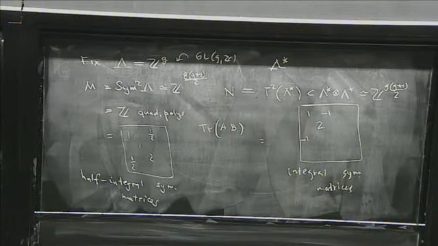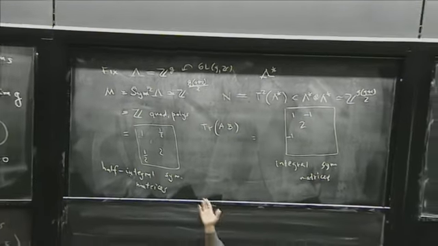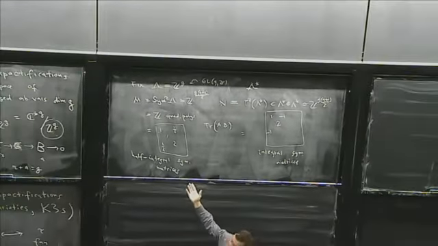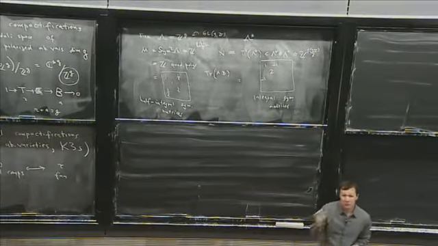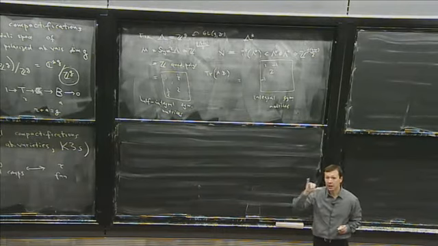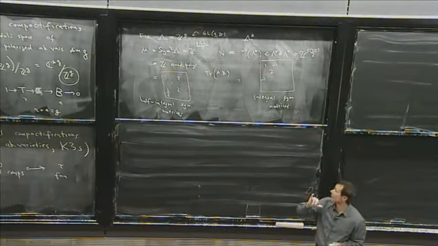But this part. So you start with some Lambda, which is Z to the g, just a free abelian group. And you look at the symmetric square of Lambda. Using matrices, you can think of it as half integral matrices: integers on the main diagonal, half integers off the diagonal.